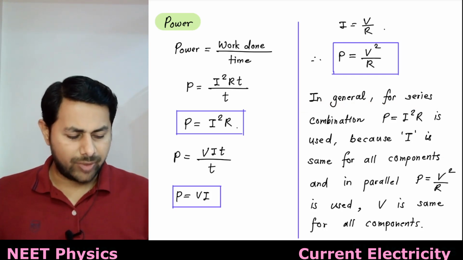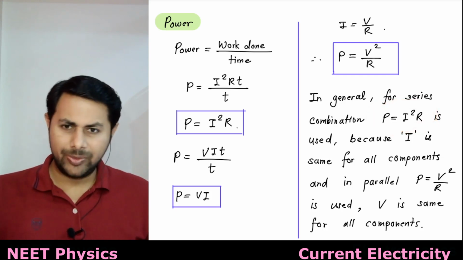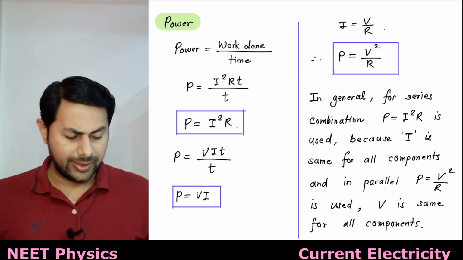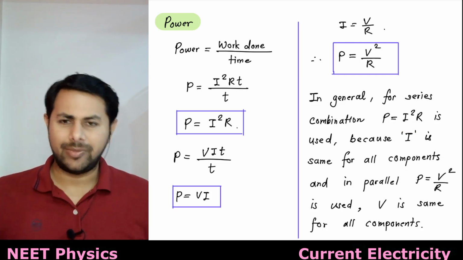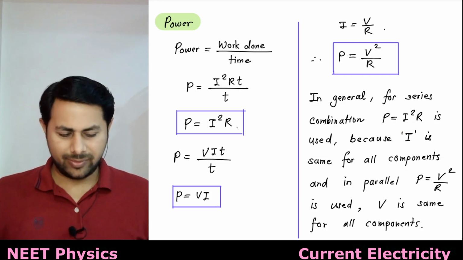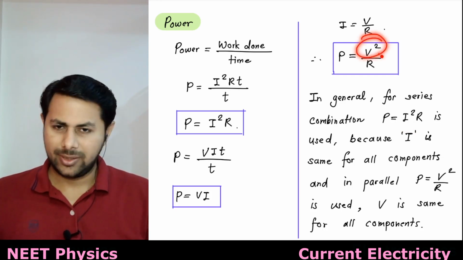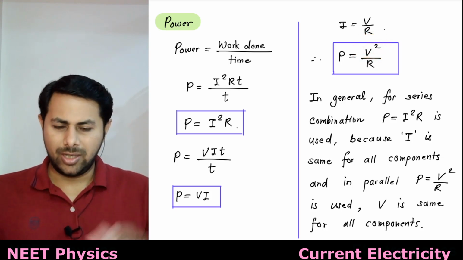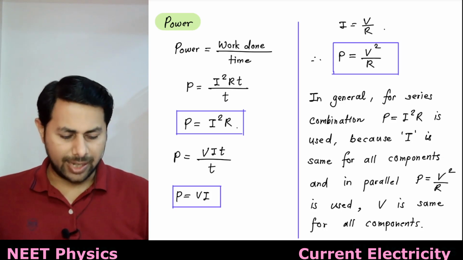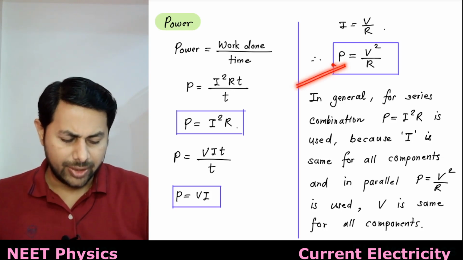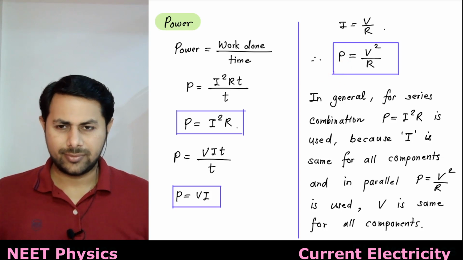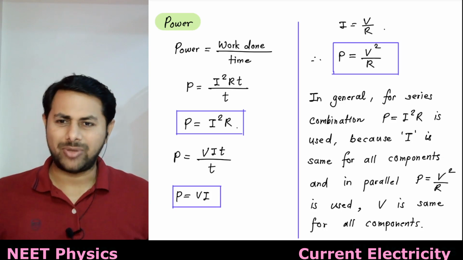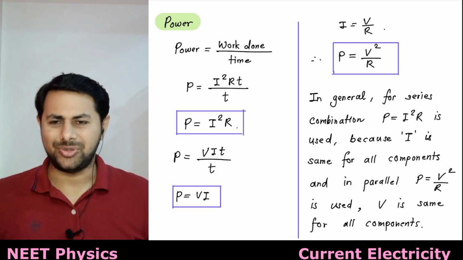Then the appropriate formula for power dissipated in that case would be I square R. If you have a parallel combination, then V will be the same. V will be a constant, right? And suppose you want to compare the power dissipated in various resistors, then the appropriate formula in that case would be V square by R. Again, depending on the questions, we should be able to identify which formula to use.